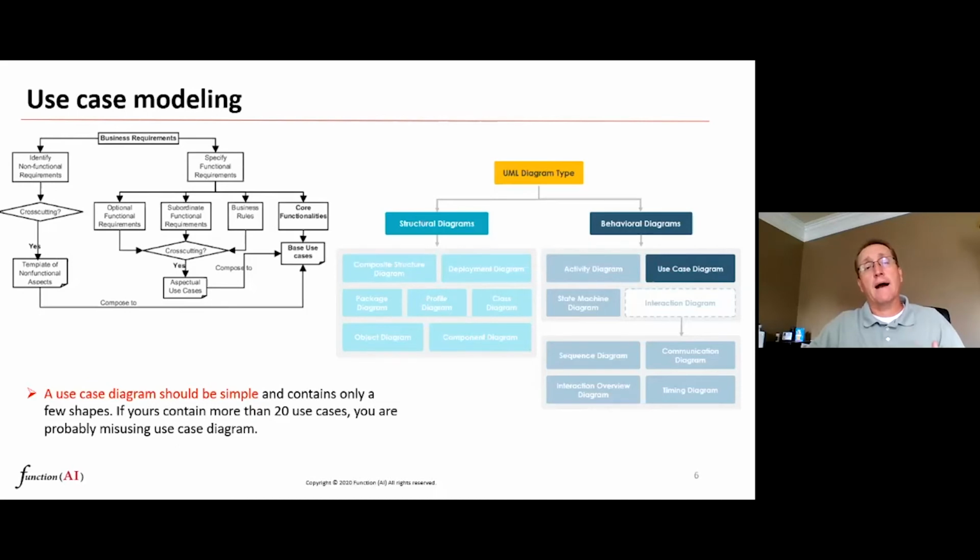Up on our screen right now, we have aspect modeling to the left-hand side, and then we have other diagram types such as structural diagrams and behavioral diagrams, where you can see these component pieces meet together.